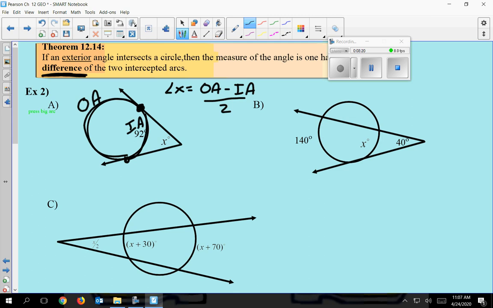So that outside arc right there would be 360 minus 92, and that's 268 degrees. So that helped me get my outside arc. So 268 minus the inside arc, 92, and divide that by 2. I'll let you go ahead and do the math on that, and figure it out from there.